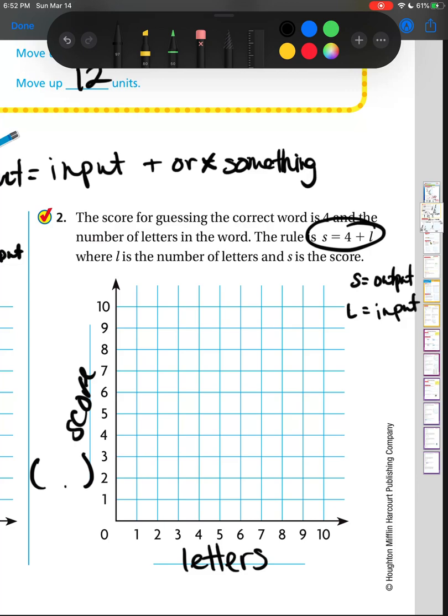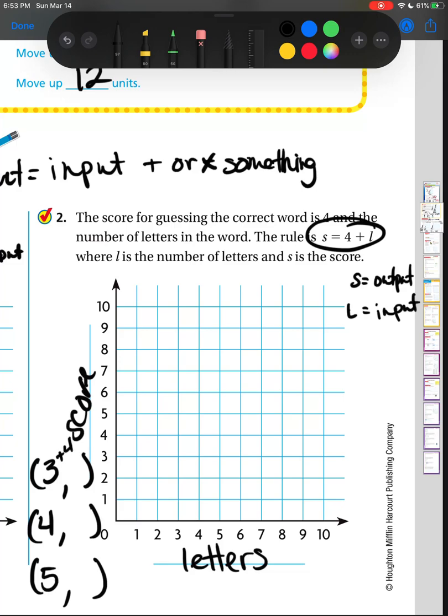So let's come up with at least 3 number pairs using that rule. Let's start picking some numbers. Well, let's try 3, 4, 5 in this case. We'll do an input of 3, an input of 4, and an input of 5. Since our rule was score is equal to 4 plus L, I basically take whatever my number of letters are, add 4 to it, that gives us our output.